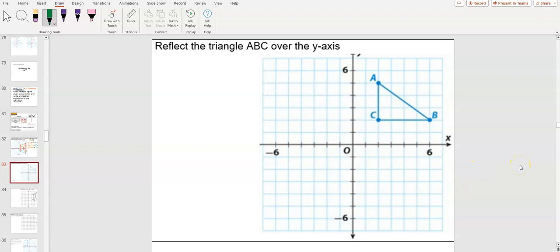Okay, so we're going to try to reflect this one over the y-axis this time. So this time we're going to go across from left to right, and we're still just doing the same thing. I'm going to count, okay? A is 2 boxes away. So I'm going to go 2 boxes in the opposite direction. C is 2 boxes away.